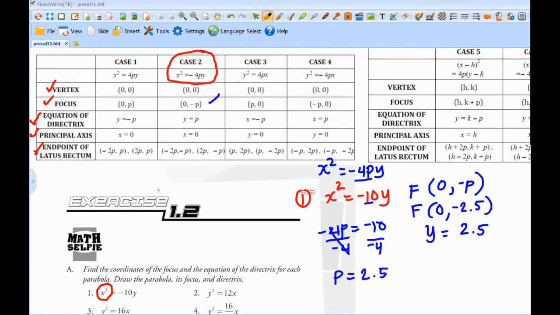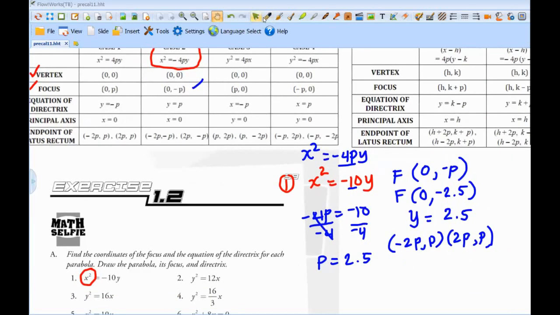And the principal axis definitely is on x equals 0, but we need to get the lattice rectum endpoints. So we have negative 2p, p, and 2p, p. So that's our formula for lattice rectum. So we will substitute the value of p: negative 2 times 2.5 and 2.5.